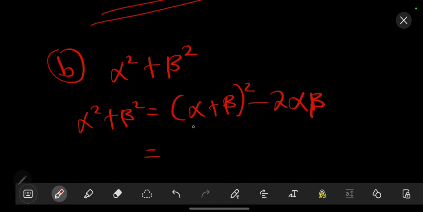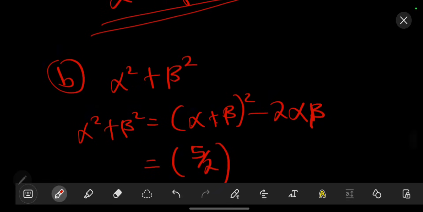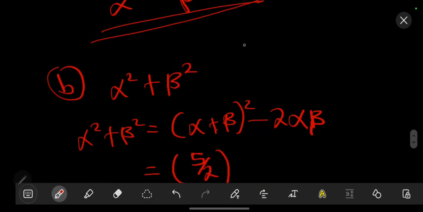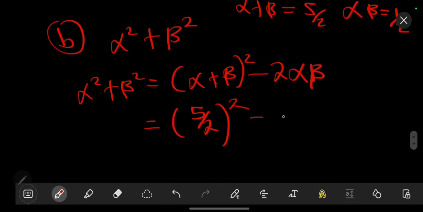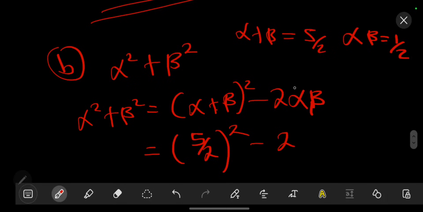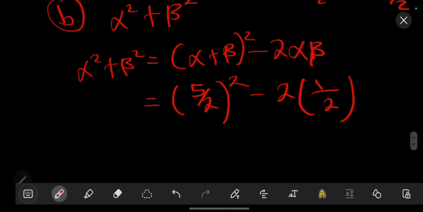So as long as we are adding alpha plus beta, we said that this is equivalent to 5 over 2, which we have already found. Then alpha beta is equal to 1 over 2. So we are going to have 5 over 2 squared minus 2, where there is alpha beta, we are going to put 1 over 2 like that. So we are going to end up this and this will cancel.